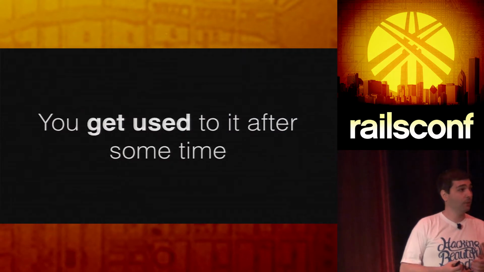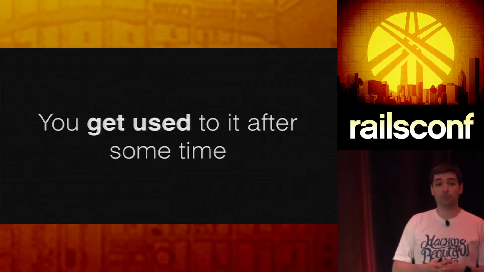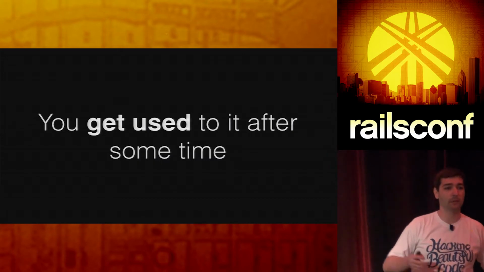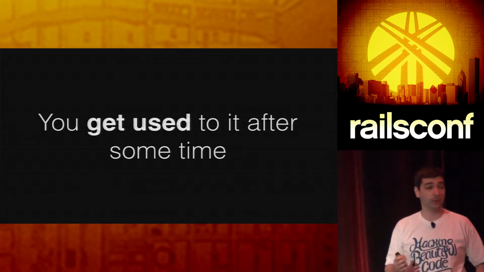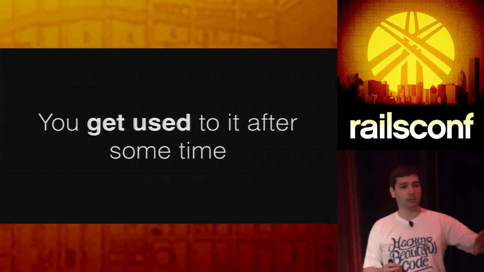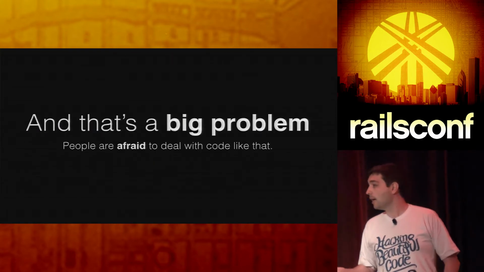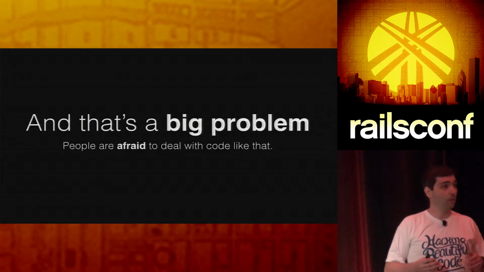The problem is that we get used to it after some time. We see the code there, it's duplication, maybe there is some Rails feature that was released in a new version, but I don't want to touch that code. We get used to it as the time passes, and that's a big problem.